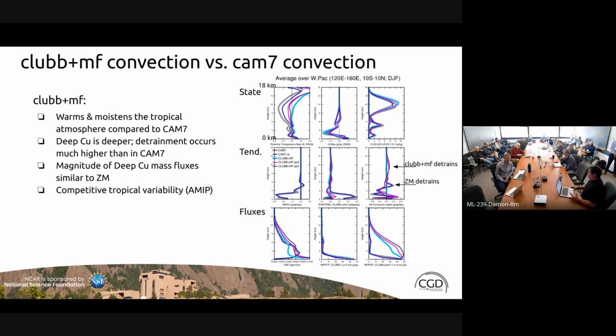I've only evaluated them in AMIP, and the tropical variability in AMIP is sometimes, at least when it comes to the MJO, not as good as in coupled simulations. So saying that our tropical variability is competitive with CAM7 in AMIP only goes so far, as CAM7's AMIP isn't necessarily the gold standard for tropical variability.